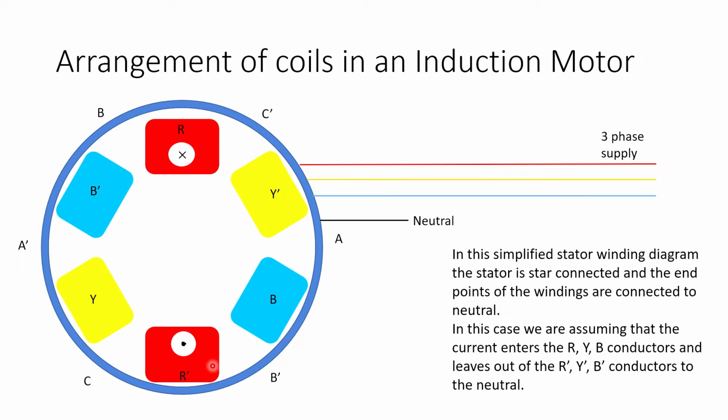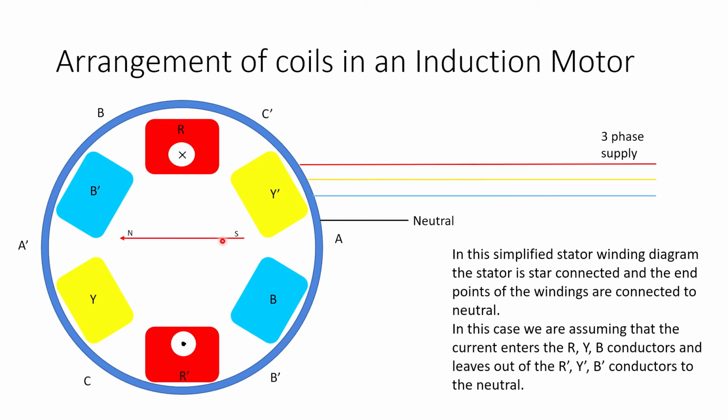And keep in mind that R dash, Y dash, and B dash, all the return conductors, are connected to the neutral point. If we apply the right hand thumb rule and curl our fingers in the direction of the current in the coil R and R dash, we can see that the thumb points towards A dash direction, and we get a magnetic field which is pointing from A to A dash with the north pole and the south pole as shown in the figure.